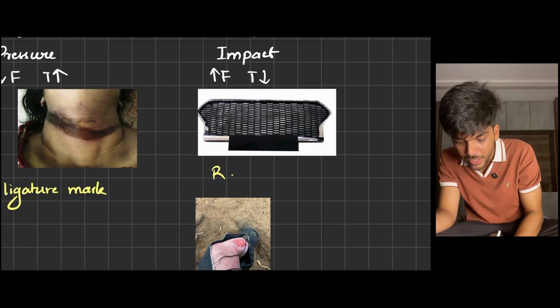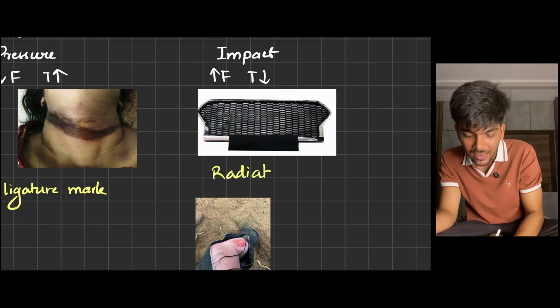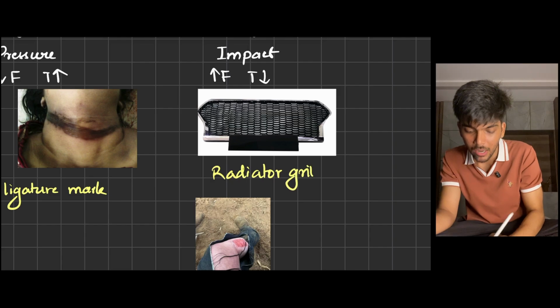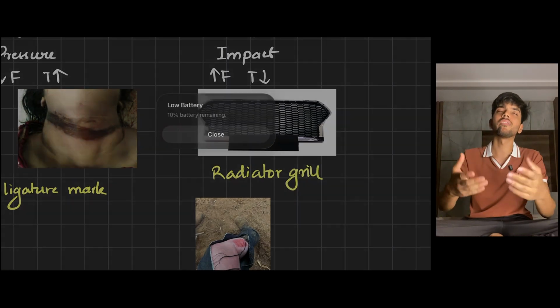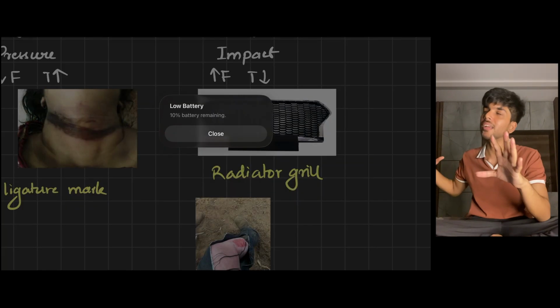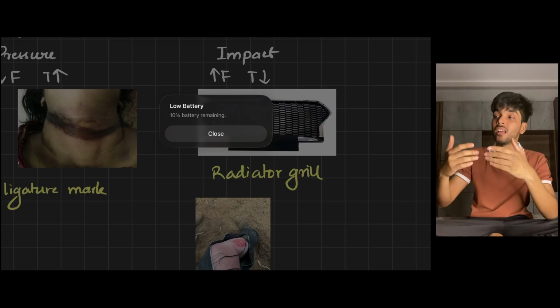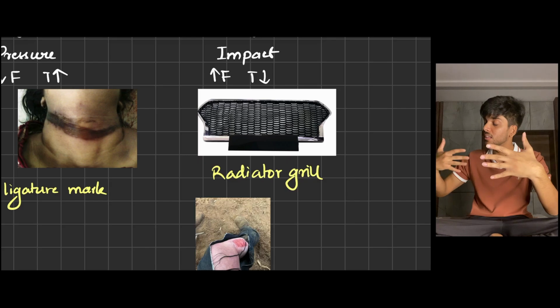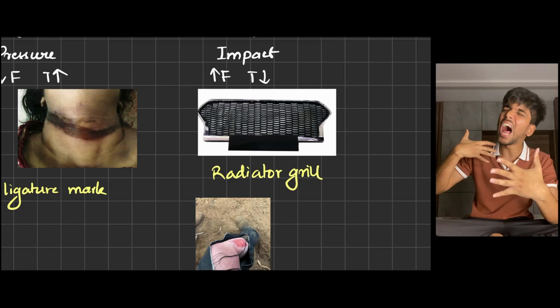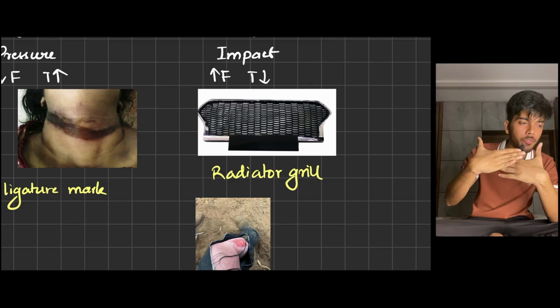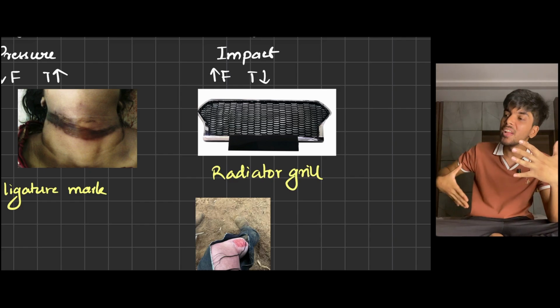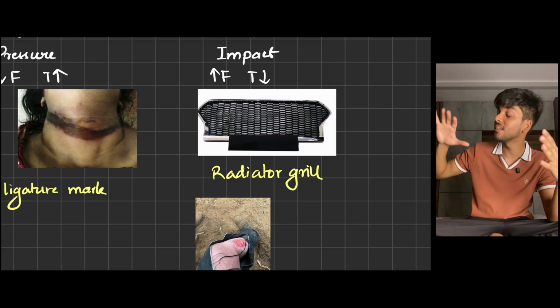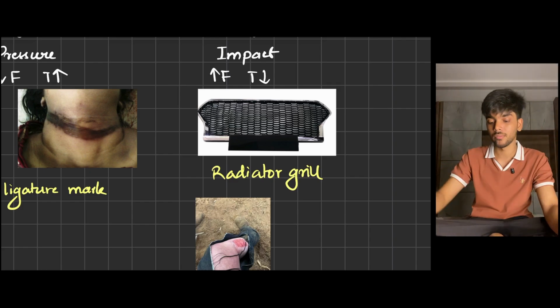Examples of impact abrasion are the radiator grill mark. Let's say you get into a road traffic accident where a car comes and hits you. As a result, the radiator grill of the car strikes your body at a large force in a small frame of time, creating an abrasion on your body that looks like the radiator grill of the car itself.